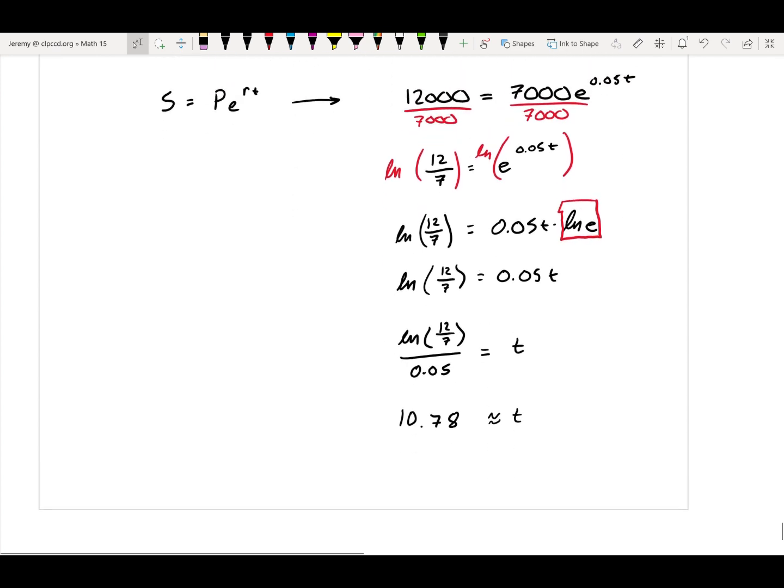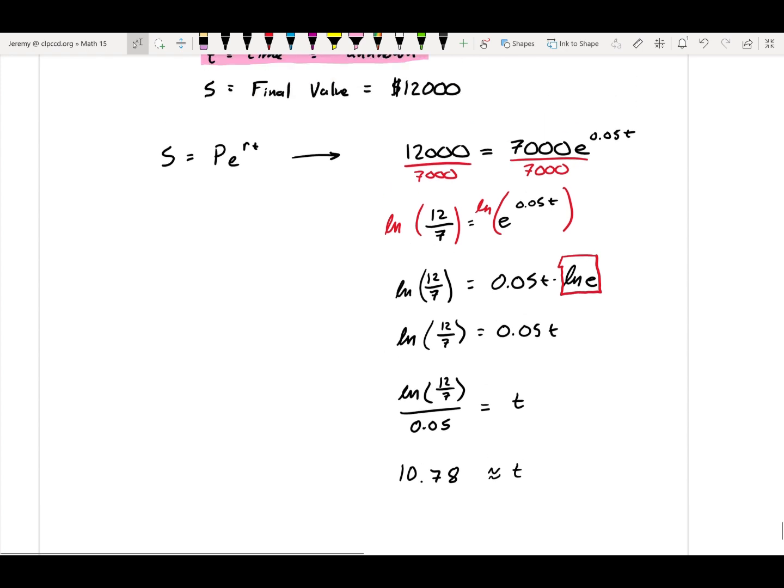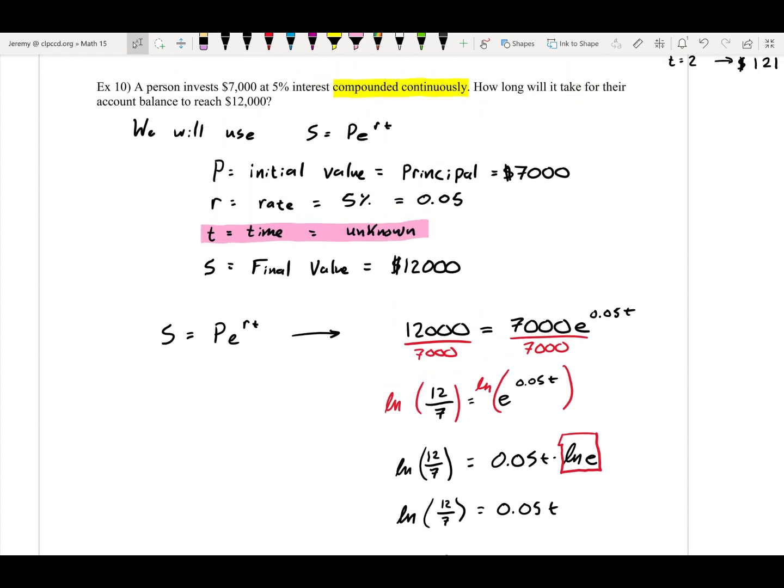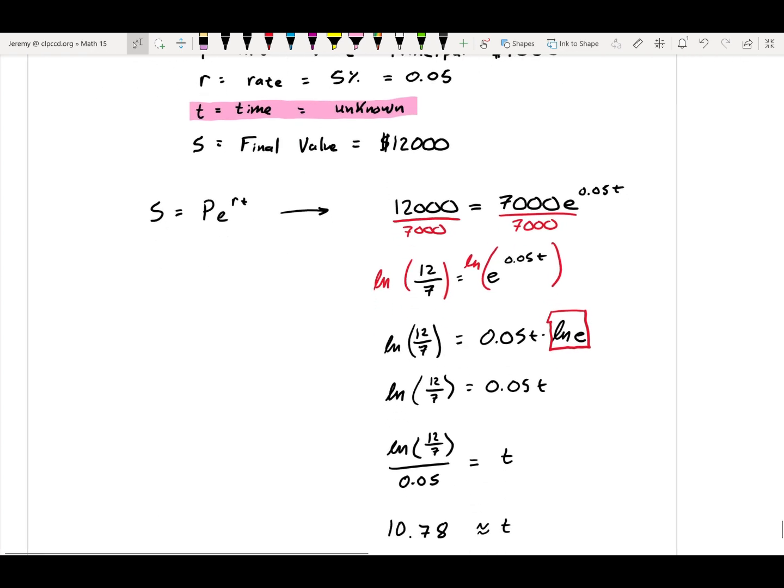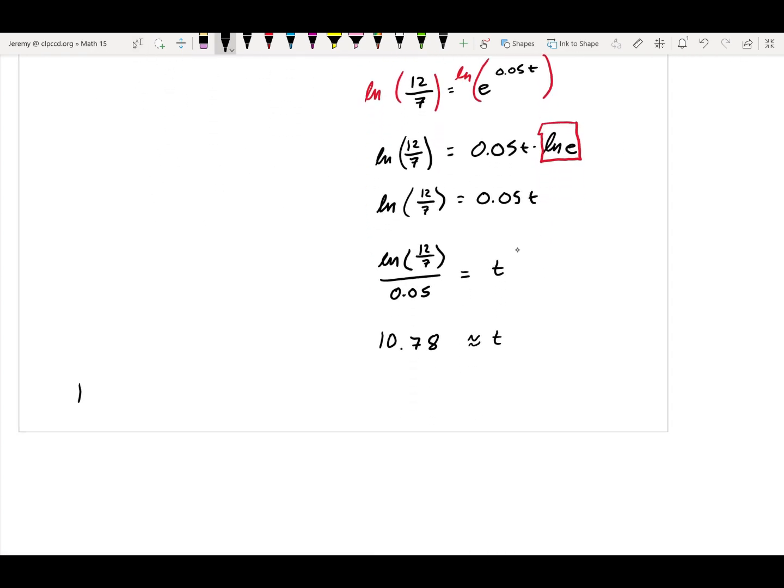So to answer the question, because the question was, how long will it take for the account balance to reach $12,000? I'll just say the balance will reach $12,000 in approximately 10.78 years. And I'll box that up.